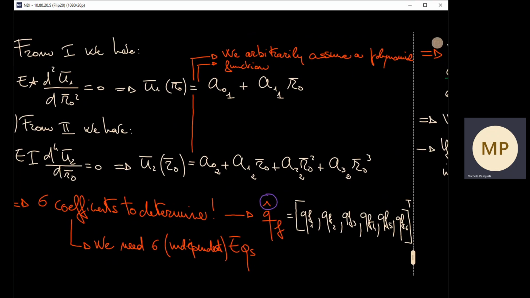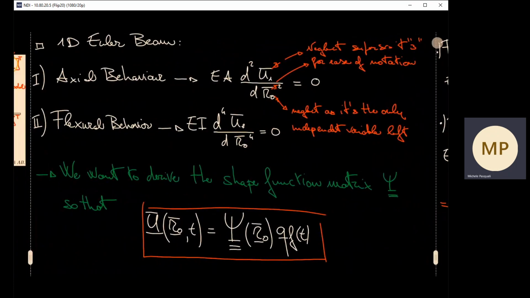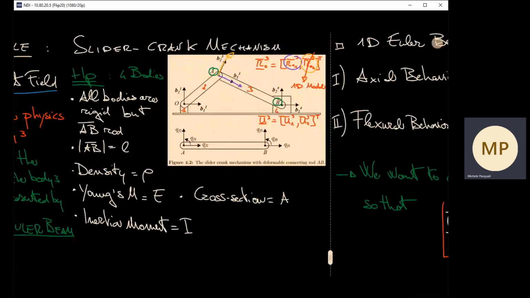We saw that proceeding like this, we needed to determine 6 coefficients. If we assume every point in our beam to have 3 different deformation parameters, Q1, Q2, and Q3, it means that in order to determine the 6 coefficients, we need to know the solutions at 2 points.